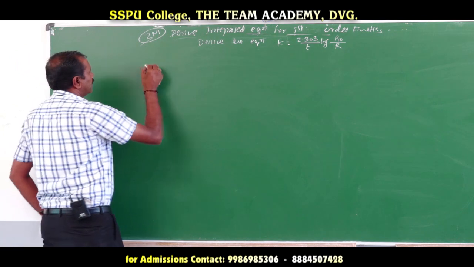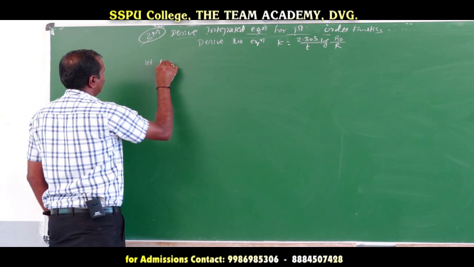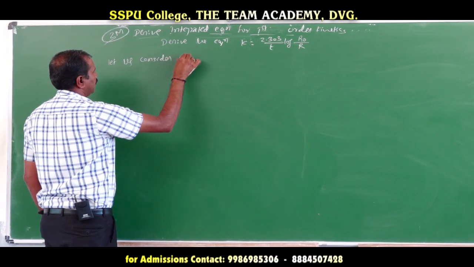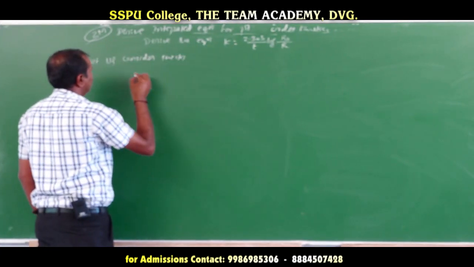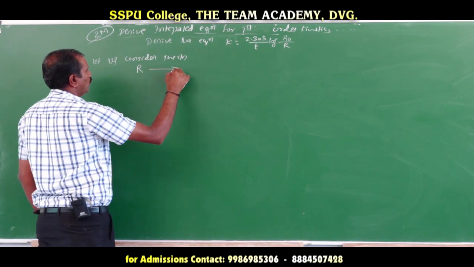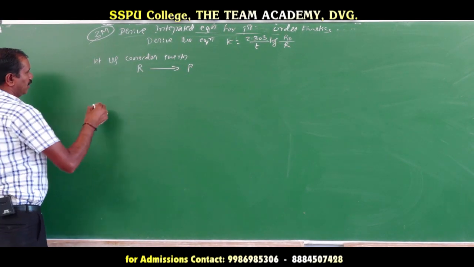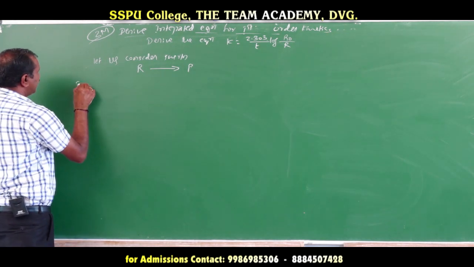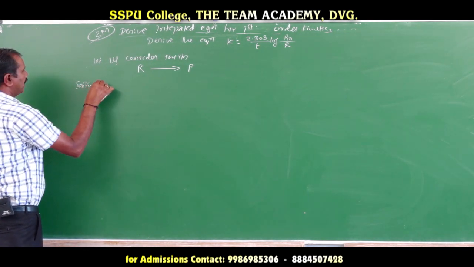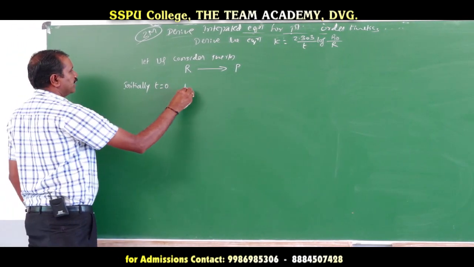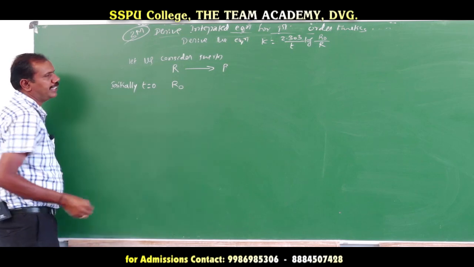So let us consider the reaction R gives P. Initially, when t is 0, the concentration of R is R naught.